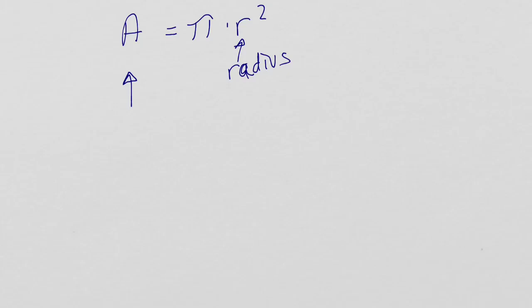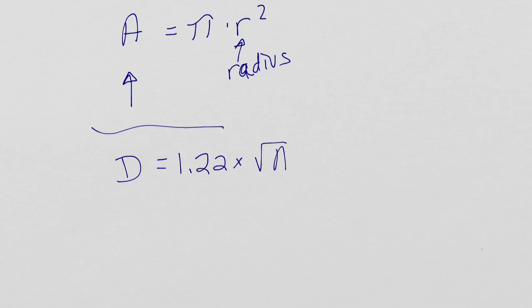And in the homework that's going to be associated with this section, you're going to need to use a formula that looks like this: D equals 1.22 times the square root of A. This formula is to estimate how far you can see from a point above the horizon.